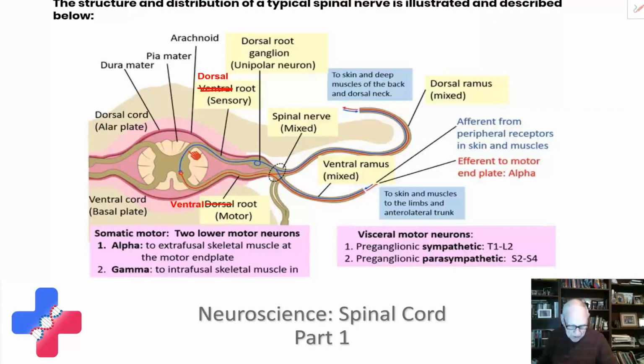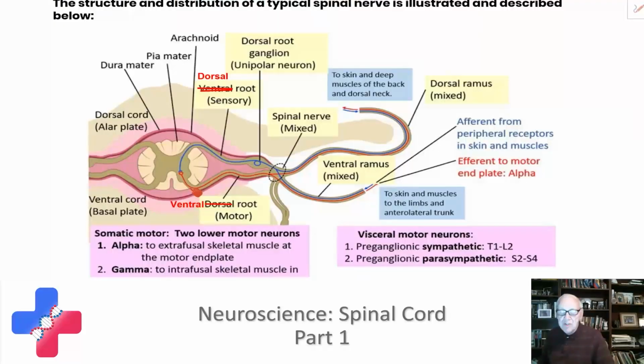But what we want to note at the moment is this peripheral nervous system, some of the information that's critical here for the spinal nerves. Notice that where the central nervous system and the peripheral nervous system junction is where these two roots join the surface of the cord. There's a dorsal root attaching to the dorsal surface of the cord, and a ventral root attaching to the ventral surface of the cord.